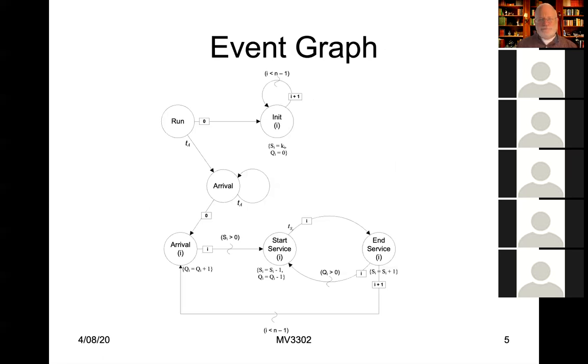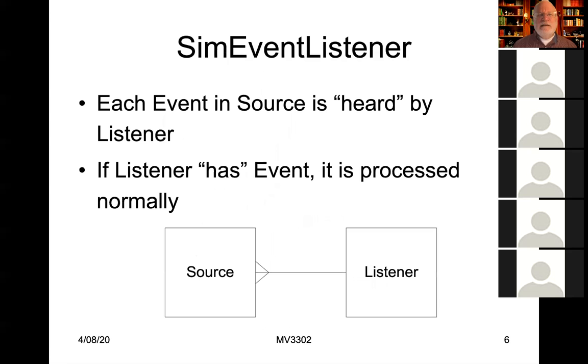If we want to build bigger models and models that are more flexible, it will be very helpful to take these pieces and build up a library of different pieces or components, if you will, and have the ability to connect them together. And that's what this SimEventListener idea does.